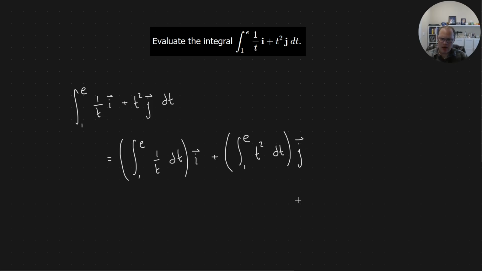The integral of 1 over t is easy, if you remember it. You do have to be a little careful with 1 over t. This is t to the negative 1, so you might think, oh, we do a power rule. But remember, this is the one case where the power rule fails. The antiderivative of 1 over t is natural log of the absolute value of t, and we're going to evaluate that from 1 to e.